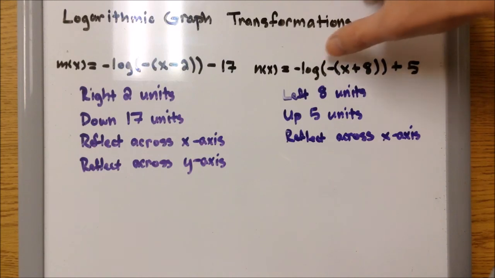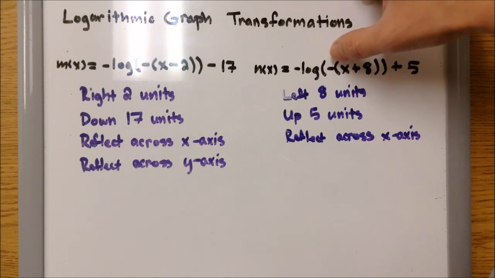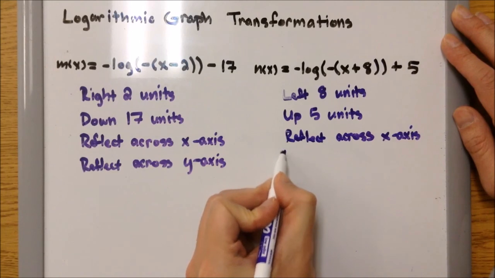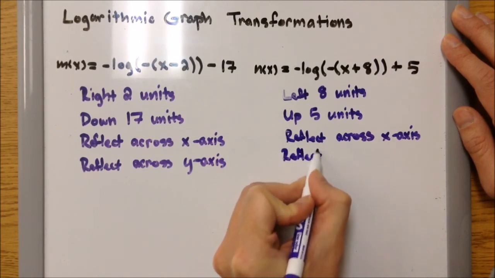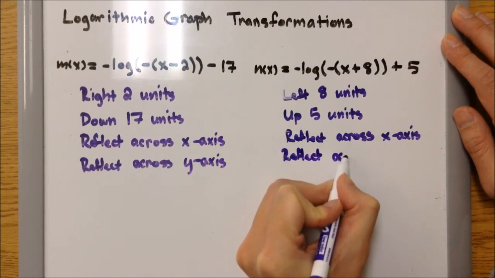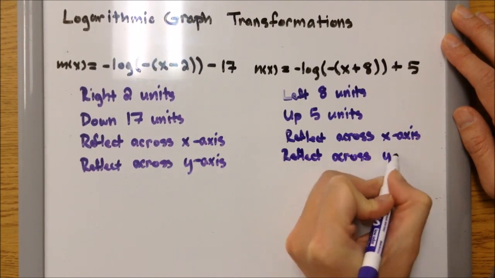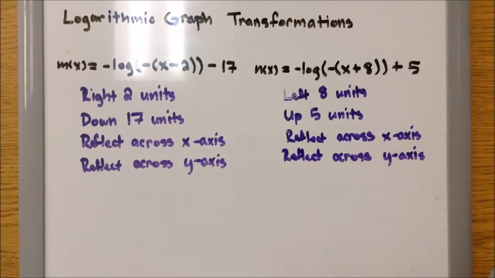It's in front of x, directly in front of x. See how there's a negative outside the parenthesis? So a negative in front of x, it's another reflection. So reflect across the y-axis. The y-axis.